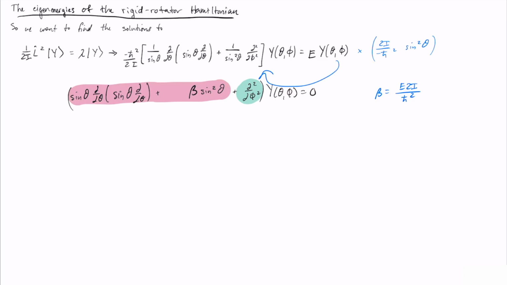So what we're going to do is to assume that we can write the solutions Y as a product of a theta-only function and a phi-only function. And we're going to write them like this.